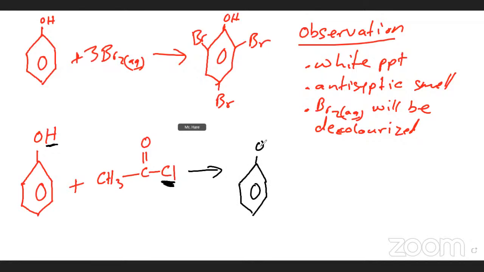So I'm going to flip it around, right? So C double bond O, CH3. And remember, if you react it with sodium hydroxide, you will get this O-Na.